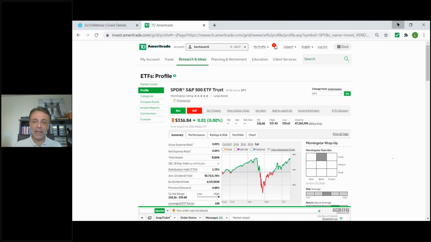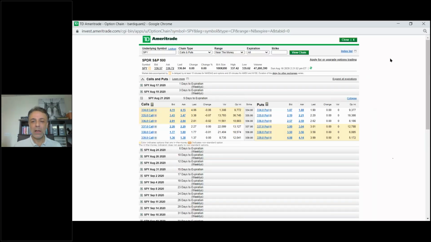Now you can see that in the middle we have $336, right? Let me see if I can use my pen to point that out. All right, $336. And that means that very likely the price currently is around that price.